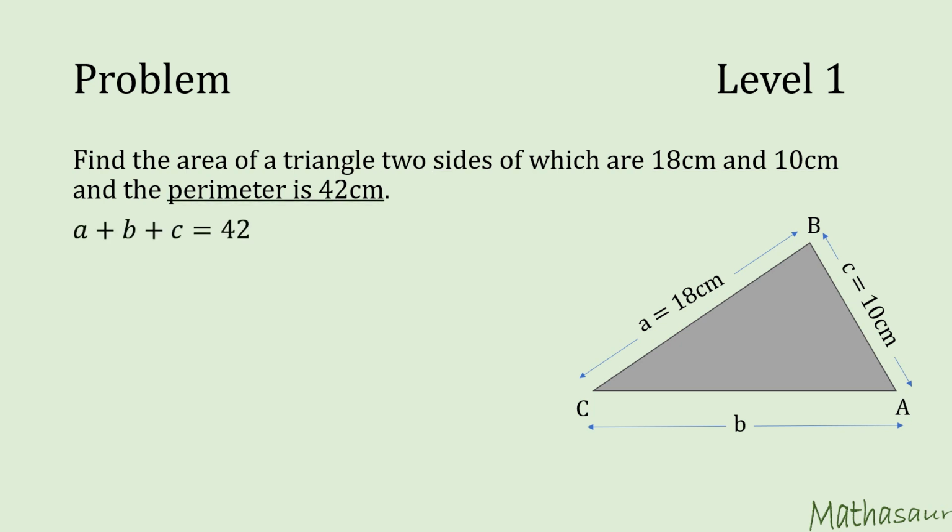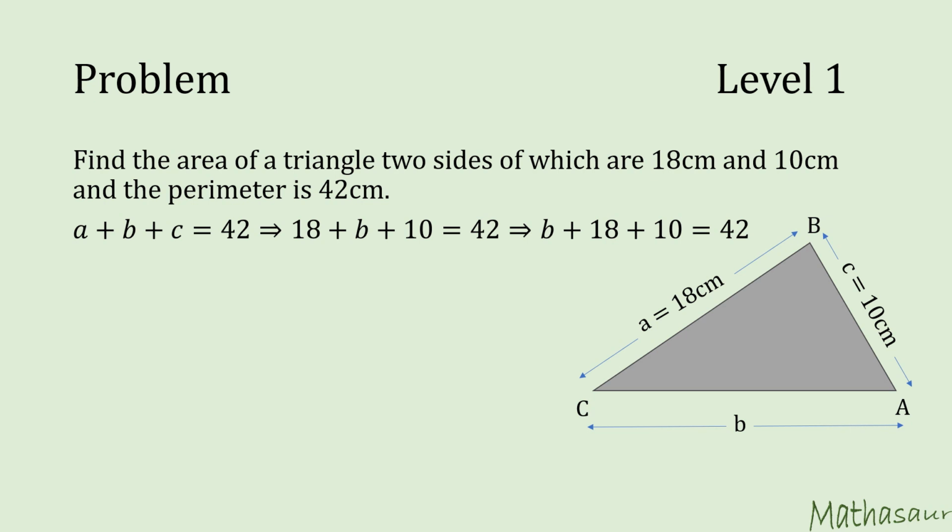Now we are given that the perimeter, or A plus B plus C, is equal to 42. Let us substitute the values for A and C and solve for B. We see that B is equal to 14 centimeters.